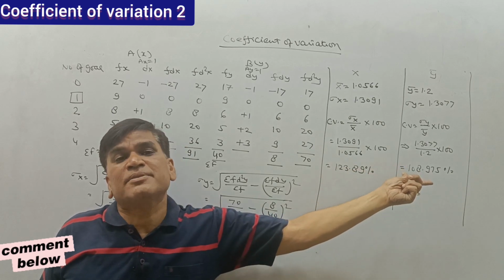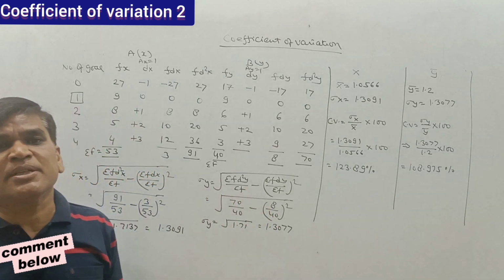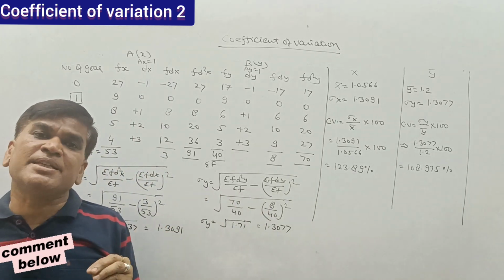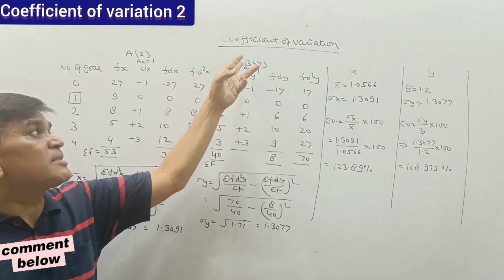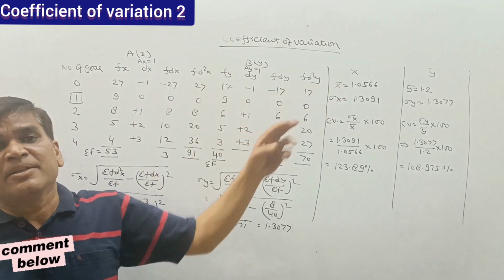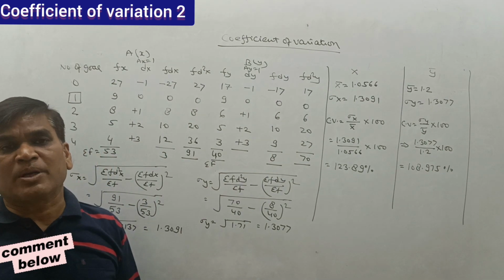But if consistency is asked, as in this question, we will say that the B team, which we are using as Y, has more consistency than the A team or X team.